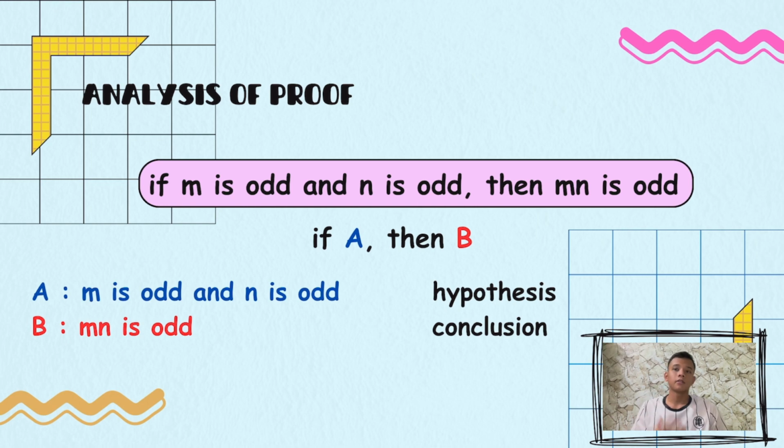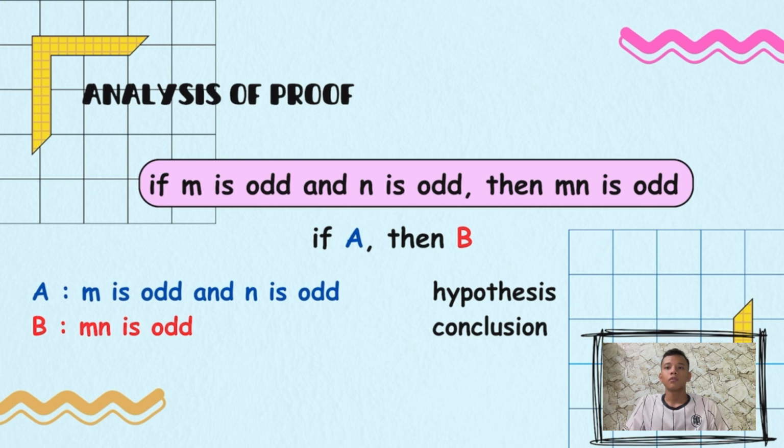For the solution, analysis of proof: if m is odd and n is odd, then m times n is odd. We turn this statement into if A then B form. Then we get statement A, m is odd and n is odd, for our hypothesis.